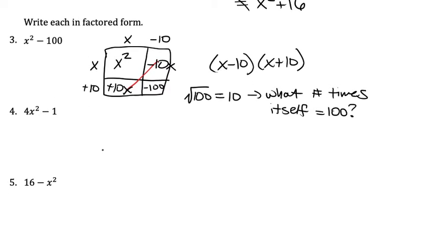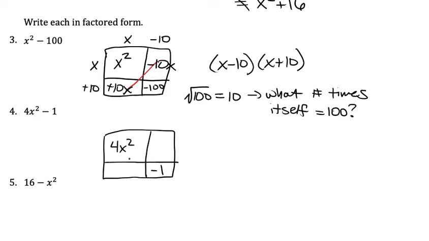Let's look at number 4x squared minus 1. So on my box, we're going to have minus 1 in the lower right corner and 4x squared in the upper left corner. Now what times itself is going to equal 4x squared? Well, I know that 2 times 2 is going to equal 4, and I know that x times x is going to equal x squared.